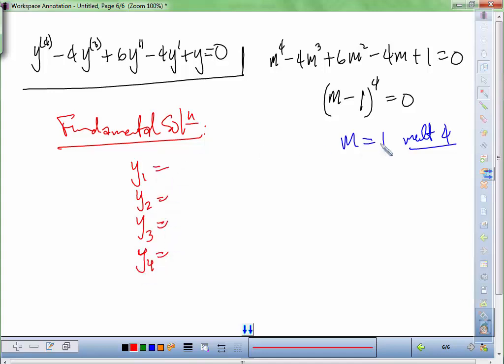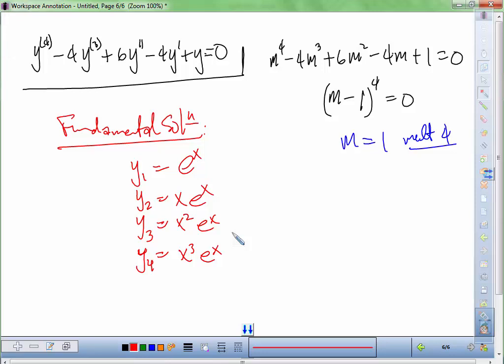The first one is just going to be e to the x. Had this been multiplicity 2, our next solution would be x e to the x. With higher multiplicity, technically you would use the reduction of order formula, and you'd see that your next solution would be x squared, and then x cubed, times the original fundamental solution.